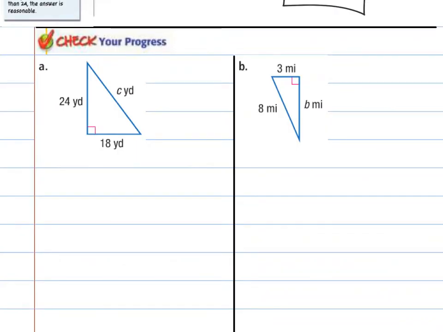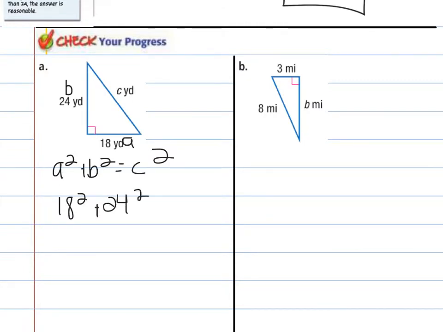Okay, let's try a couple more here. So, using our Pythagorean theorem, a squared plus b squared equals c squared, let's solve for c. I'm going to label a and b, so I know what I'm plugging in where. I have 18 squared plus 24 squared equals c squared.